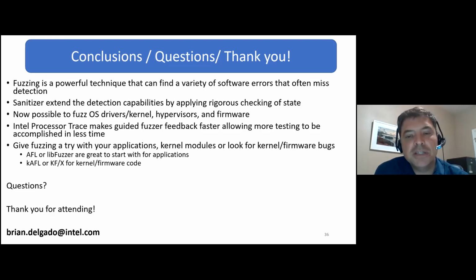With processor trace, we can make it very fast to observe what's happening and try out more inputs in less time. And if you're writing any applications or kernel modules, I think attackers are probably going to be fuzzing them, so you might as well fuzz them as a defender. Give them a shot, and it'd be interesting to see what you find.